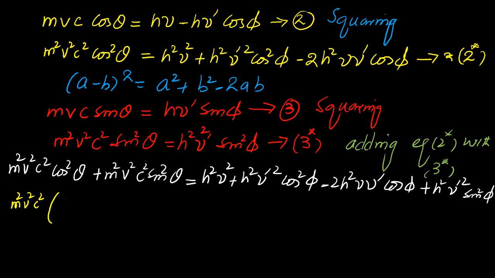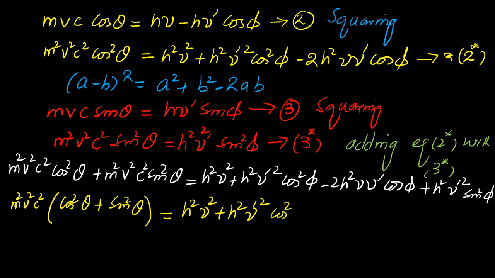On the left side, we get cos square of theta plus sine square of theta is equal to h square nu square plus h square nu prime square cos square of phi minus 2h square nu prime cos of phi plus h square nu prime square sine square of phi.